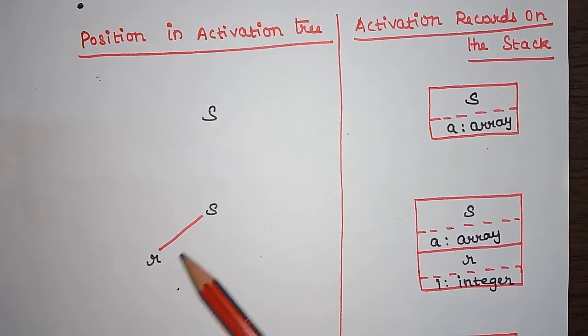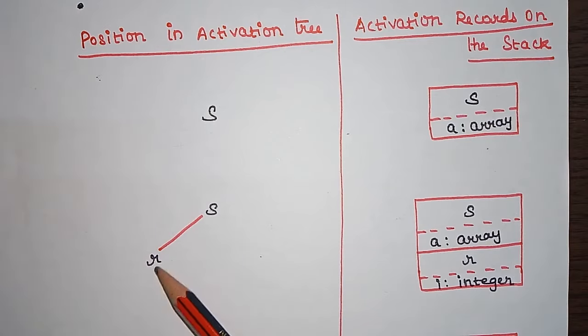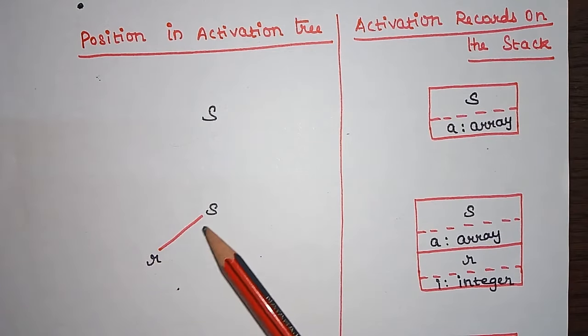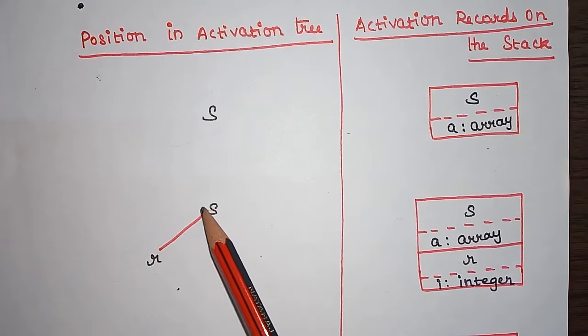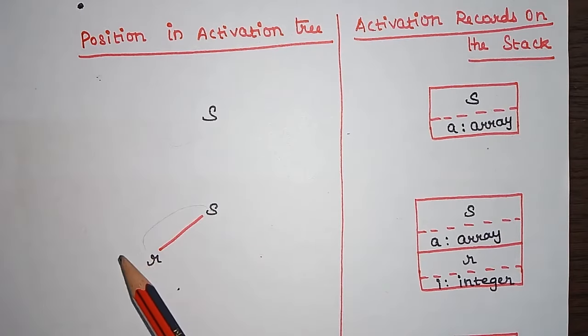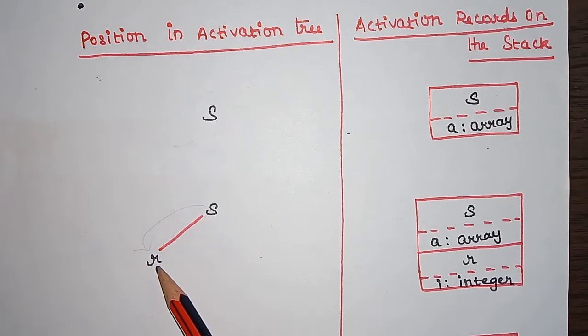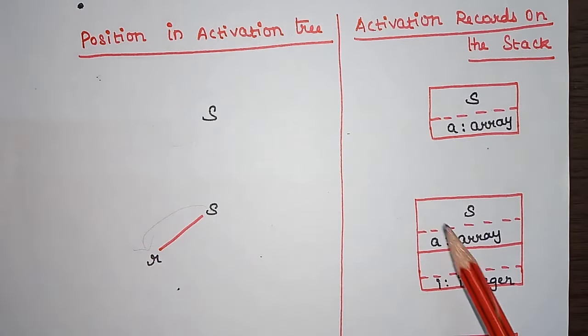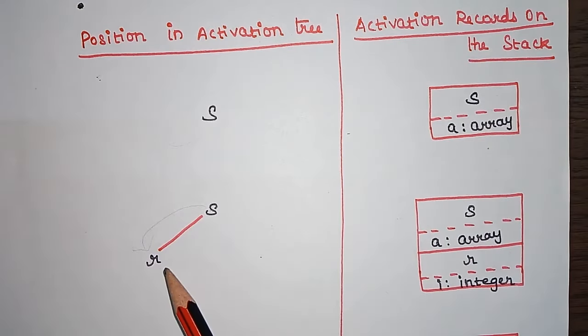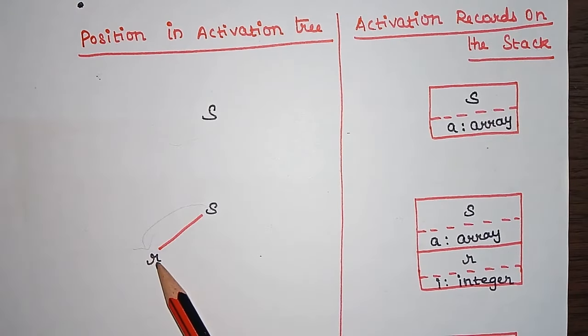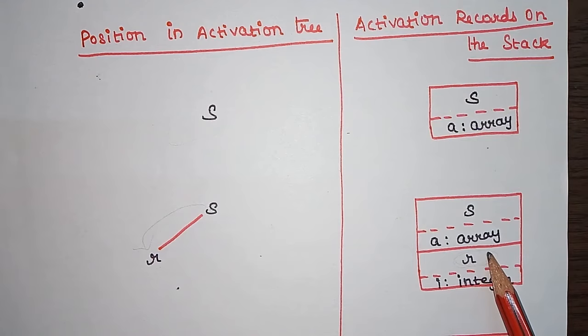Coming to the next step, we have another procedure called inside procedure S. The control flows from procedure S to procedure R, so we need to create an activation record for it inside the stack. We have created an activation record for procedure R, stored inside this stack, and this procedure contains some integer values.